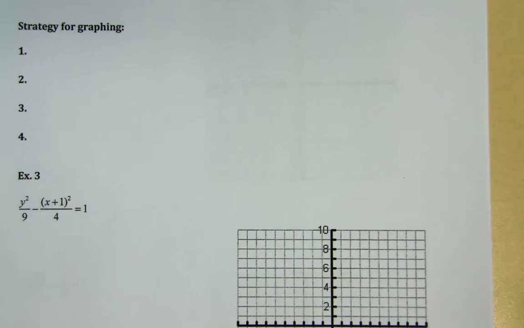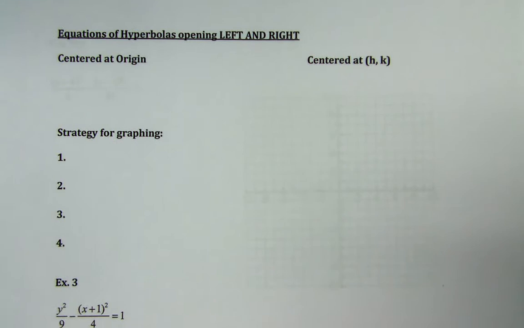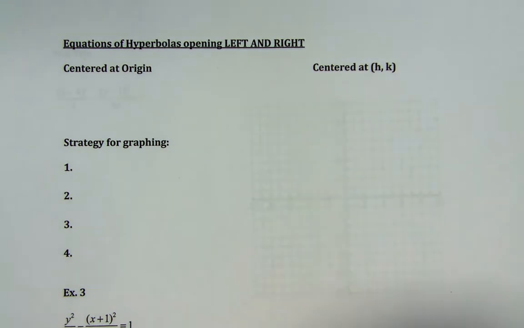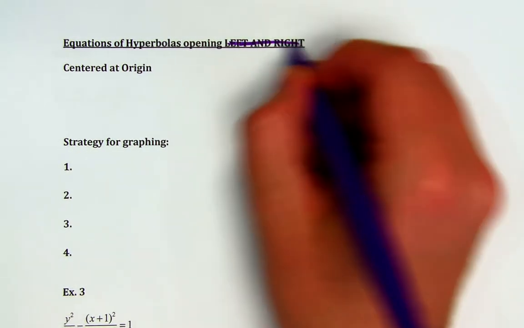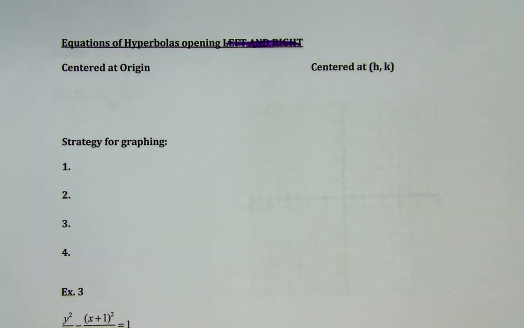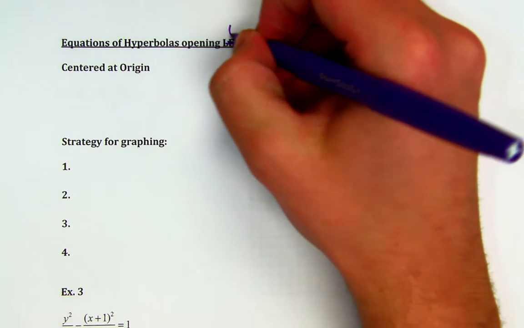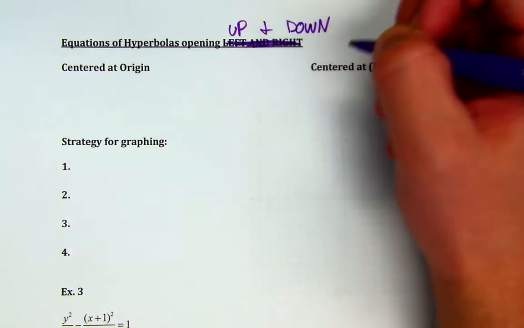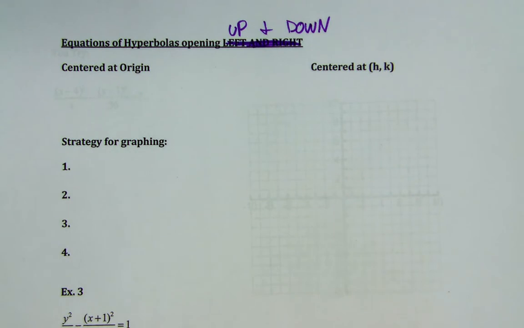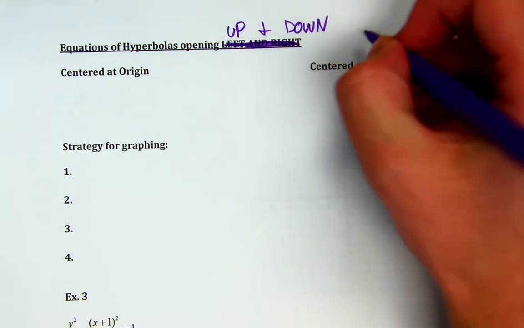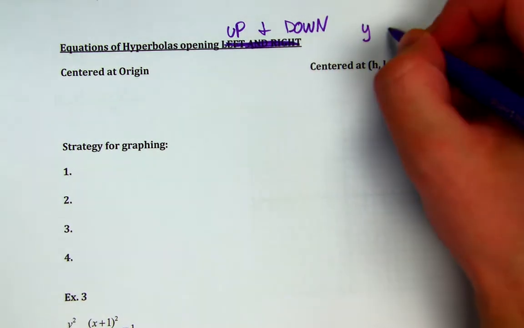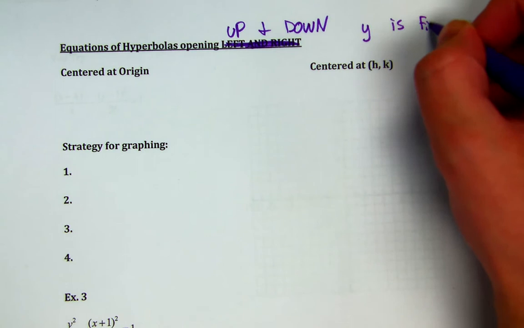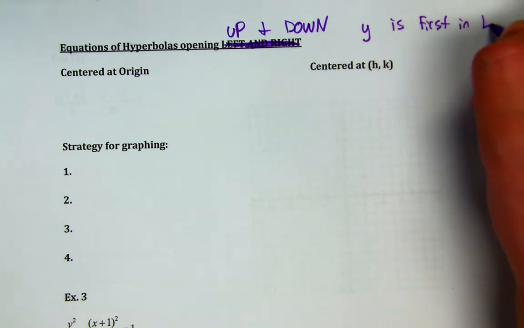The only thing that changes here is, actually, we're going to talk about opening up and down. So up and down. The only thing that changes here is y is first in your equation.